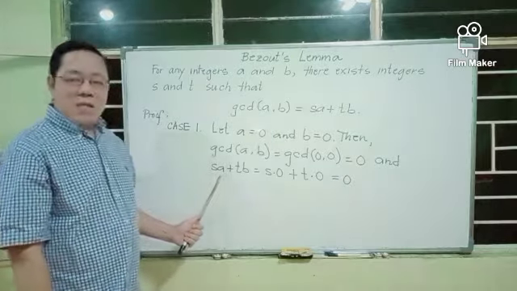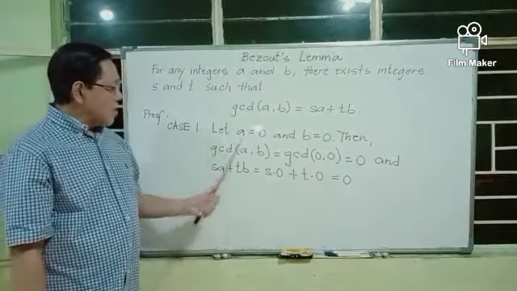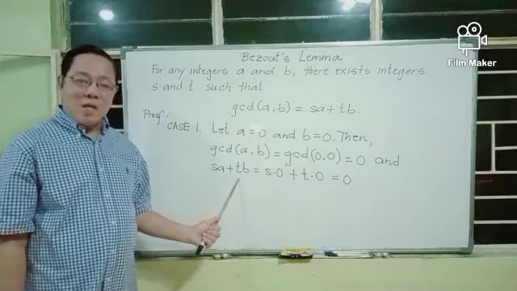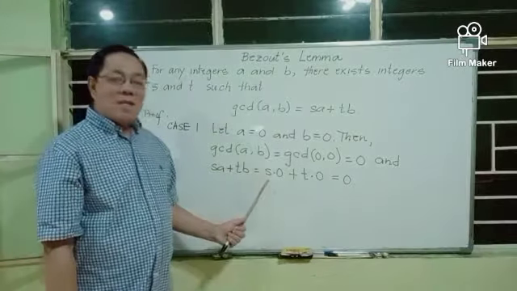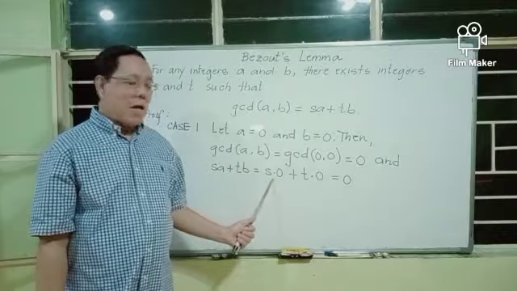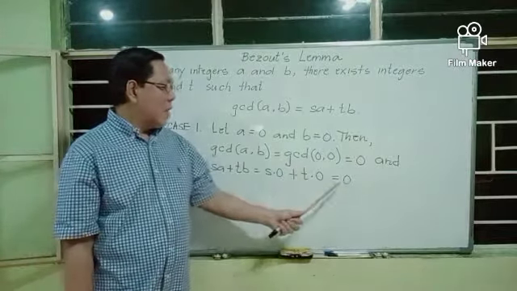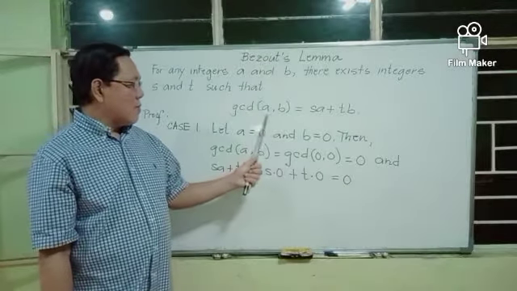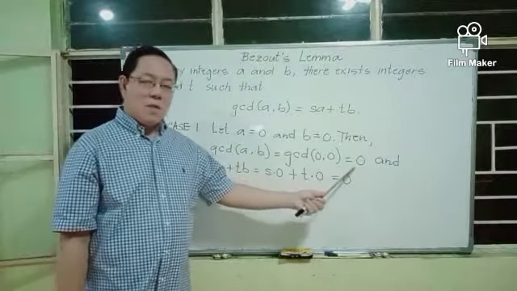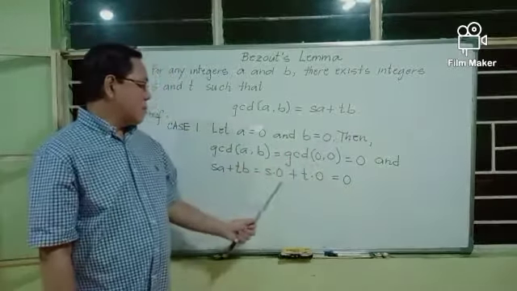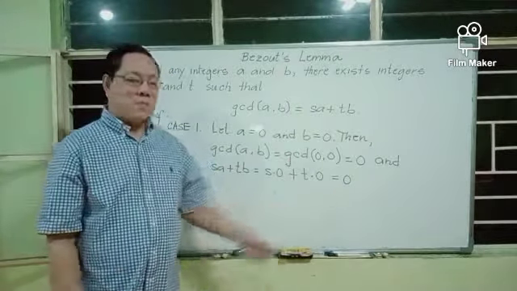So the integers 0 and 0 can be written as a linear combination where s and t can be any integers, and the linear combination of 0 and 0 is 0. So you can see that the greatest common divisor of 0 and 0, which is 0, is equal to the linear combination of 0 and 0, which is also 0.